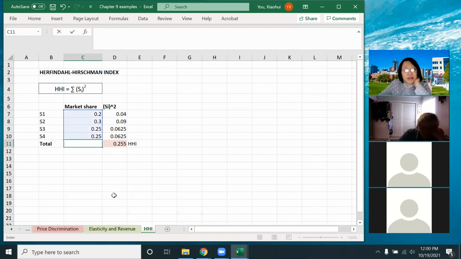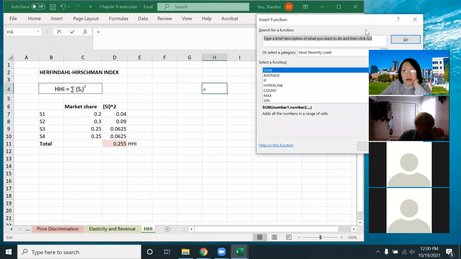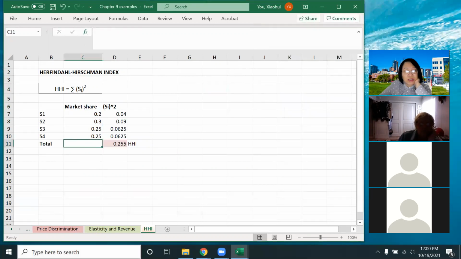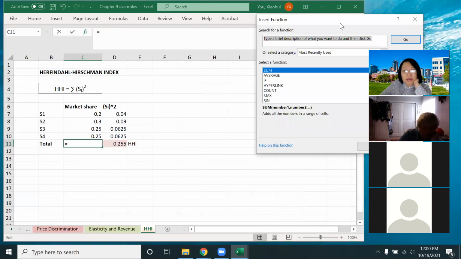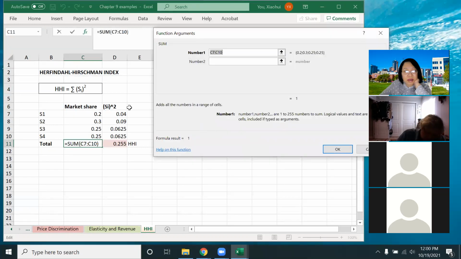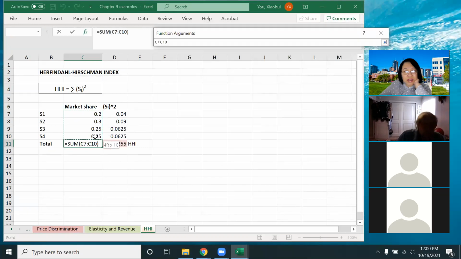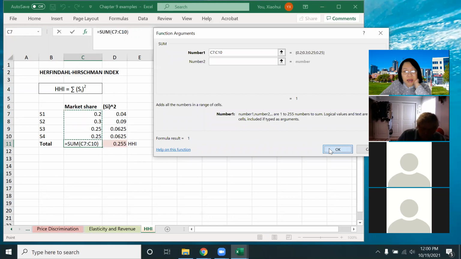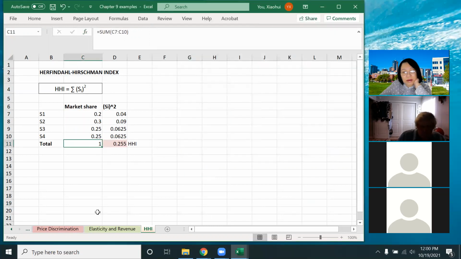I just do the calculation. We choose this cell and then insert the function fx, and then sum, that's the summation. If you choose this data and click OK, that's equal to 1.